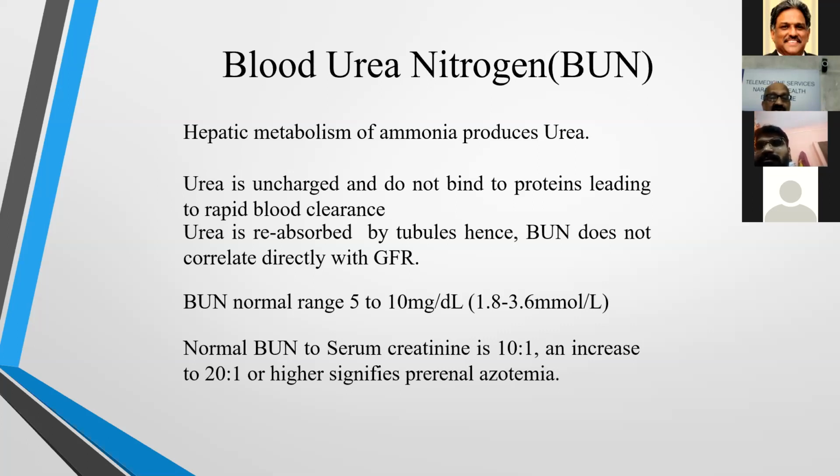So it is not an accurate parameter for assessing the glomerular filtration rate. The normal blood urea nitrogen ranges from 5 to 10 milligram per deciliter. And the BUN to serum creatinine ratio normally is 10 to 1. An increase in this ratio to 20:1 or higher signifies pre-renal azotemia.